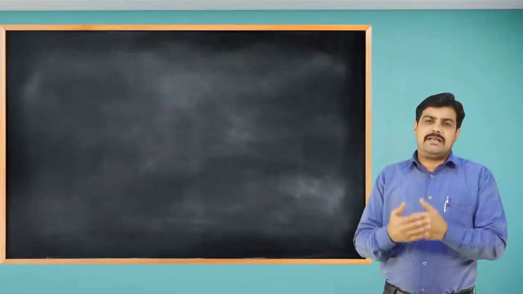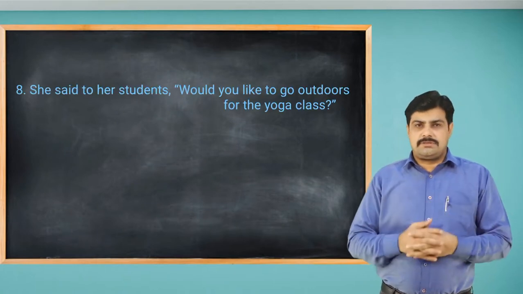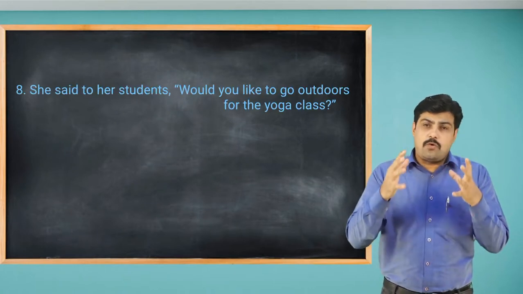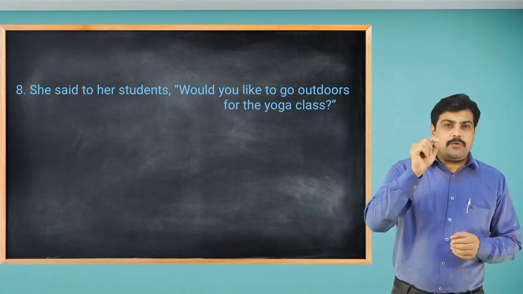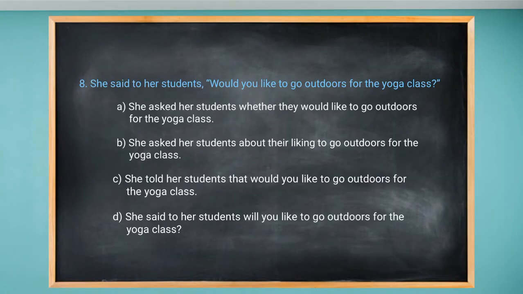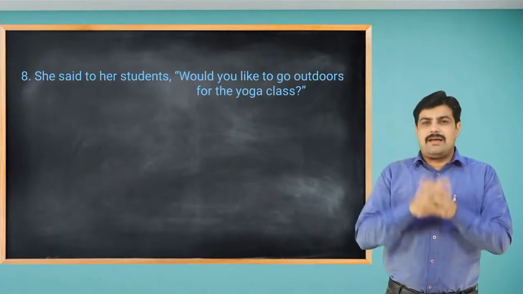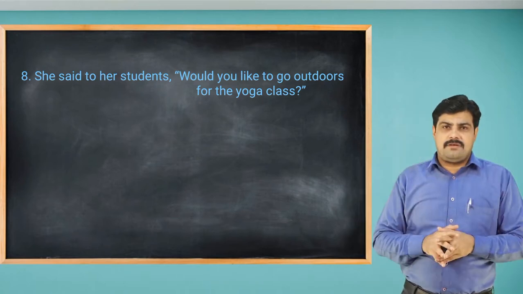Now let's come to another sentence. She said to her students, "Would you like to go outdoor for the yoga classes?" Read the given alternatives. Which one is suitable? Well, change said to into asked.